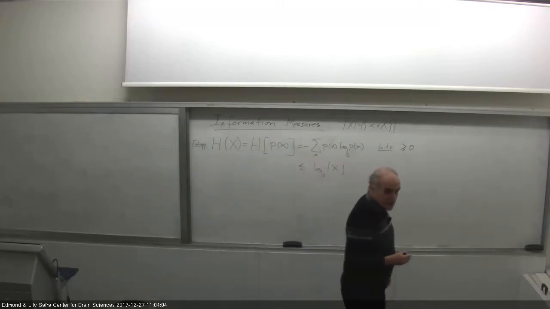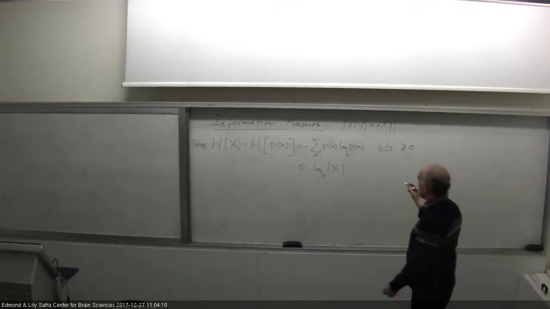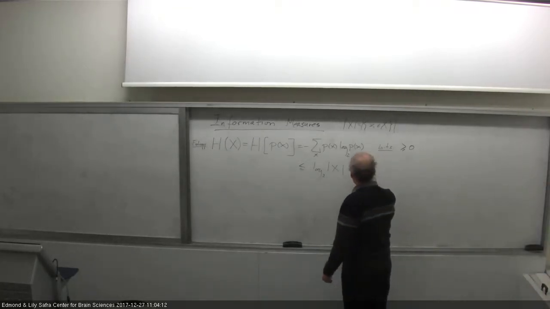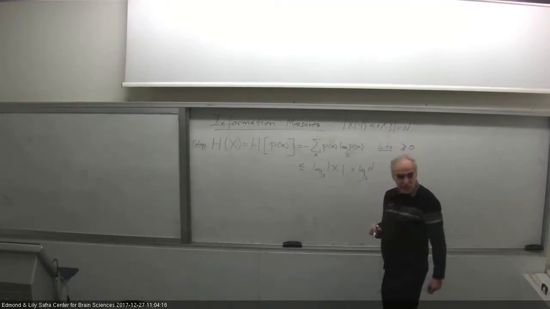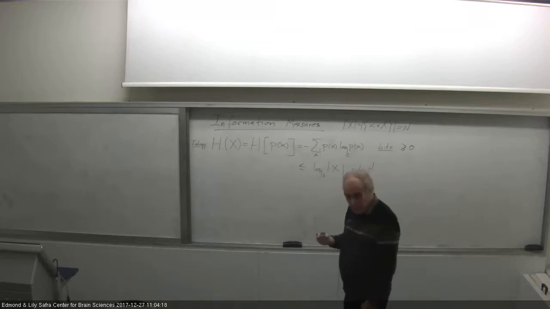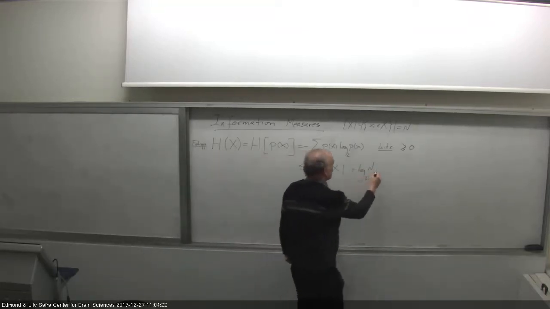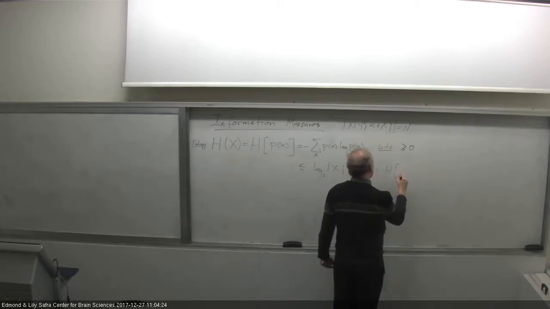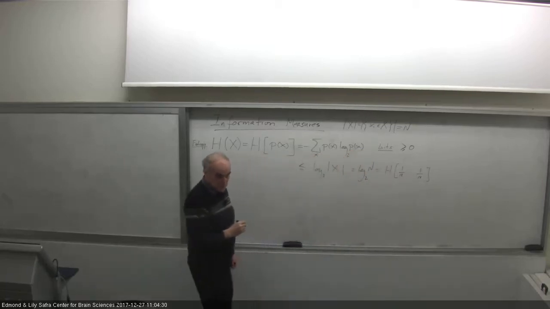So we are talking about finite cardinality. This is what I call n, so this is log n, okay? So this is the maximum possible entropy. And this happens, and this is exactly the entropy of the equal probability, where all the elements have the same probability, okay?